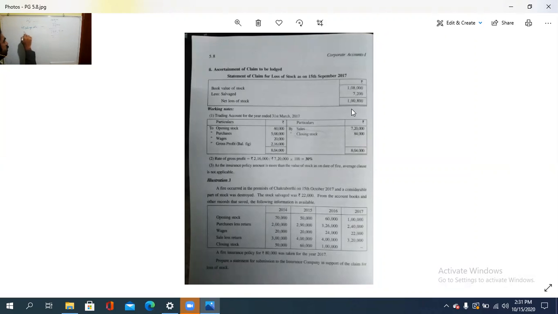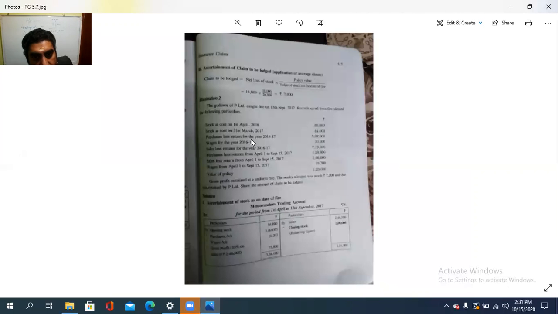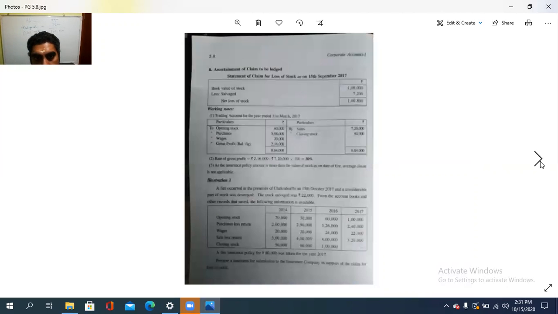That is the net loss of stock value. As the insurance policy amount is more than the value of the stock on the date of the fire, the net loss on stock value is 1,00,800. And the average clause is here, how much? The value of the policy is 1,20,000, more than the value, isn't it? So we are not going to apply the average clause. That is the case with regard to this problem. Clear?